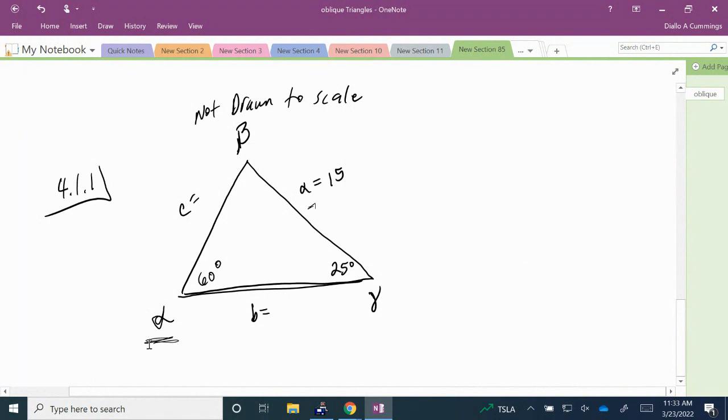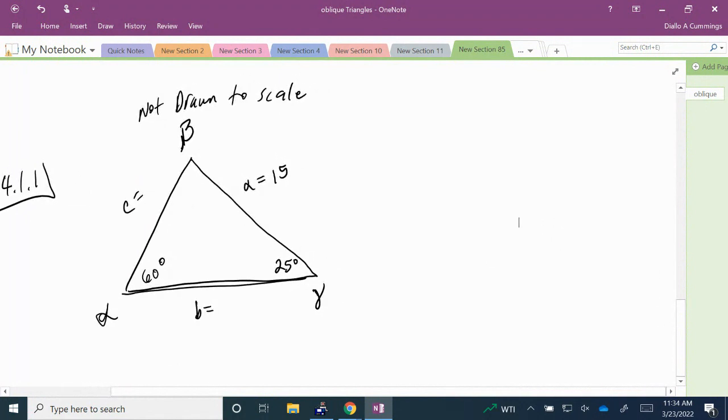I'm not given beta and I'm not given side B, but I'm given gamma as 25 degrees, but I'm not given C, which is the opposite of gamma. All right. I can actually set up a law of sines function to find side C. Right. So when I set up my proportion, C would be the only unknown.